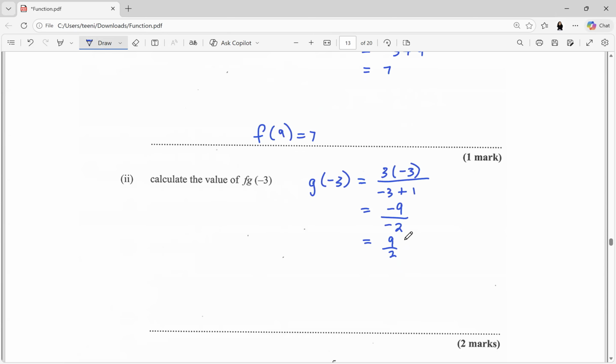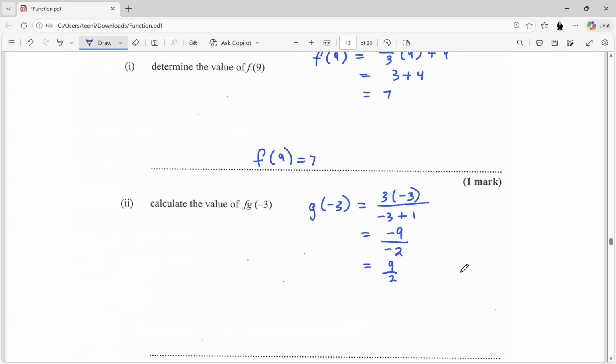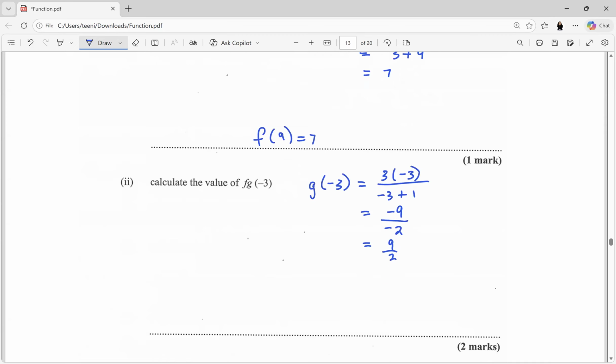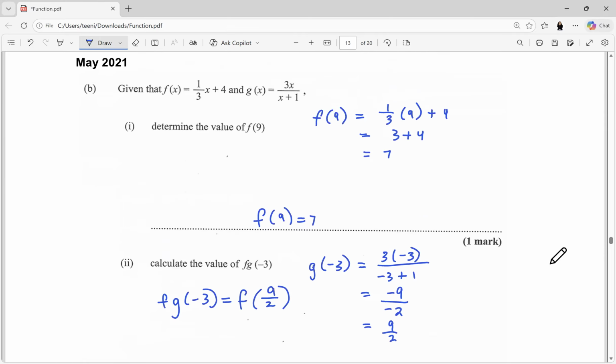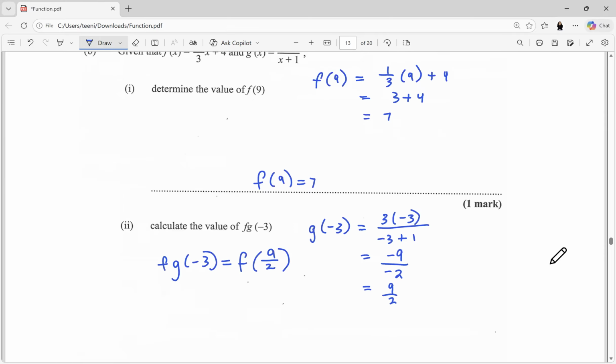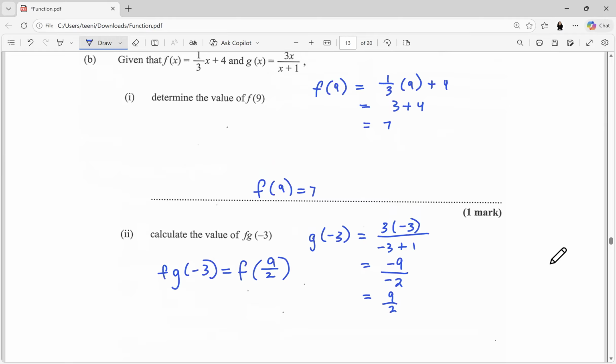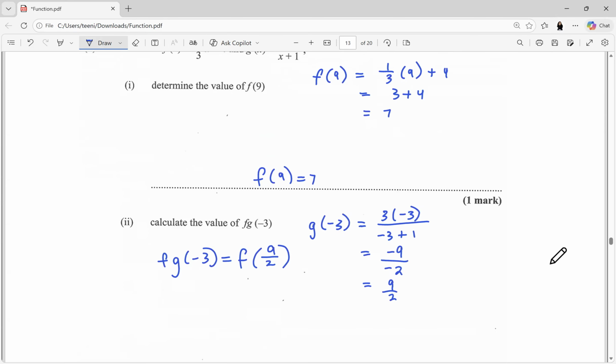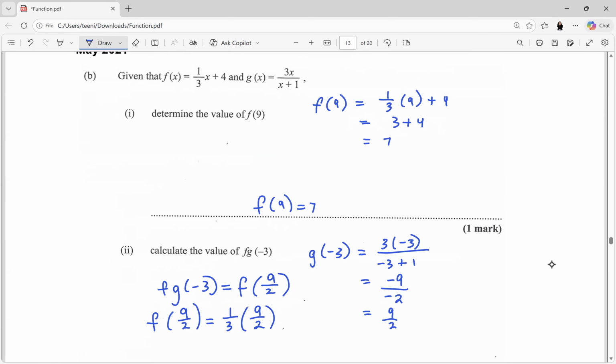And then if g of negative 3 is 9 over 2, then f of g of negative 3 is the same as finding f of 9 over 2, because that's what g of negative 3 is, right? f of x is 1/3 x plus 4. So f of 9 over 2 will be 1/3 times 9 over 2 plus 4.